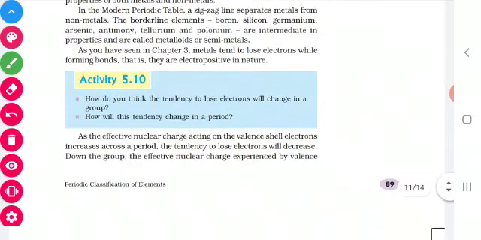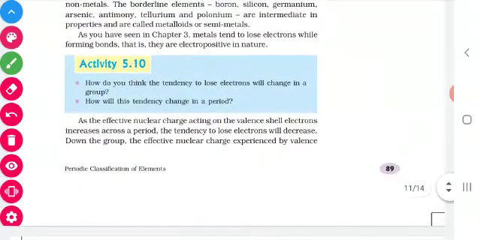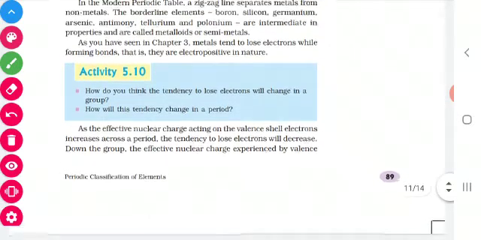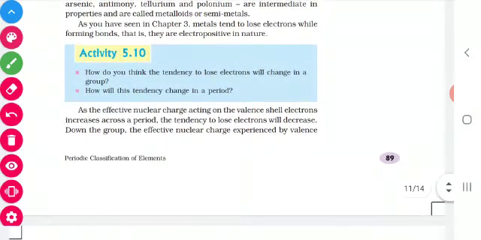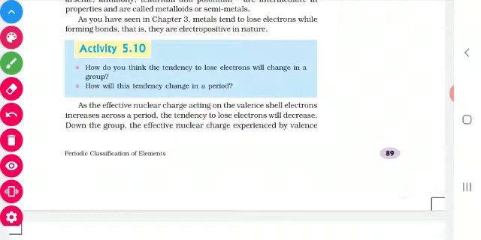Now let us go for chapter 3. We have seen ionic bonding, isn't it? What is meant by ionic bond? Ionic bond is the reaction between a metal and a non-metal. For example, sodium chloride formation. Sodium is the metal and chlorine is the non-metal.